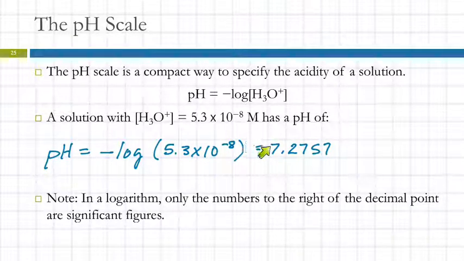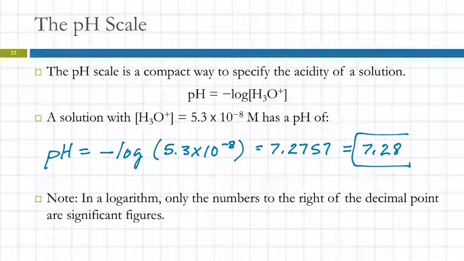And so those are equivalent to place holding zeros, and so the 7 is not considered a significant figure. So I should call this 7.28 as my pH. I am not going to get on you about that, but I'm going to use it, and if you're wondering why, that's the reason.